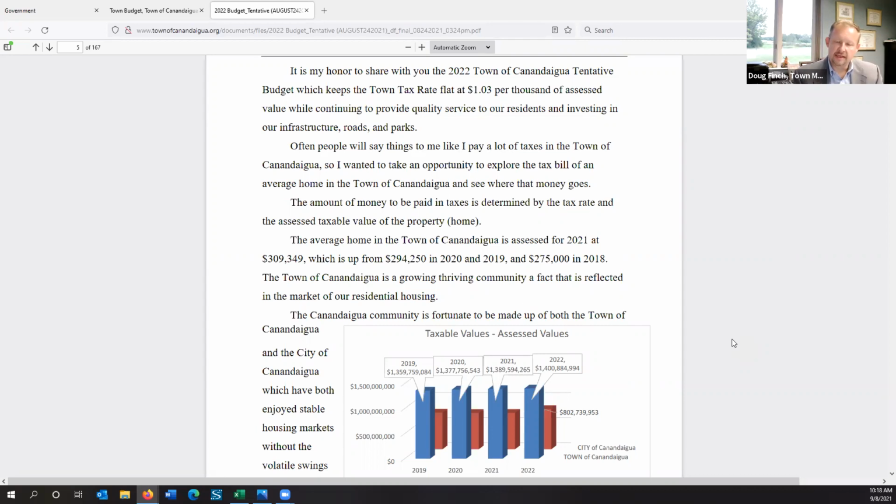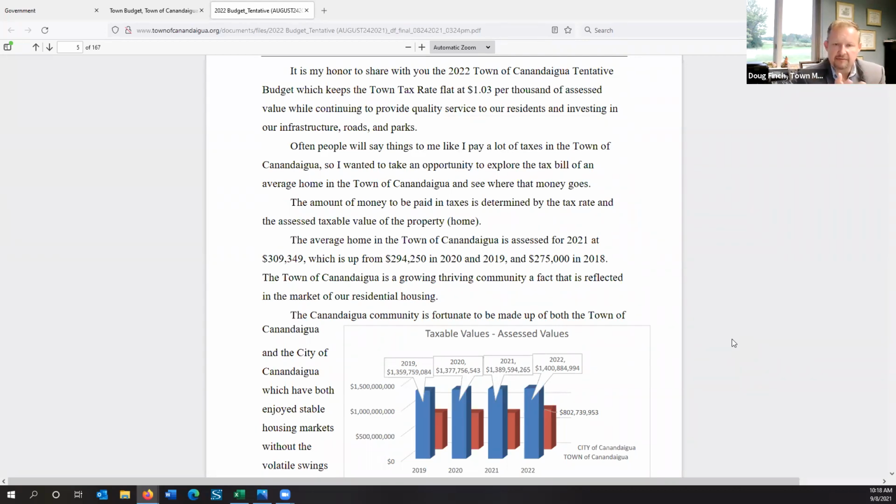That is based on the assessed value of a home. So if the assessed value goes up and the tax rate stays the same, you're going to pay a little bit more in taxes, right? Even if the tax rate stays flat, if the assessed value goes up, you're going to end up paying more. So that's something that we very closely watch as we go through this, even if the tax rate is staying the same. And I'll show you in detail that in a minute.